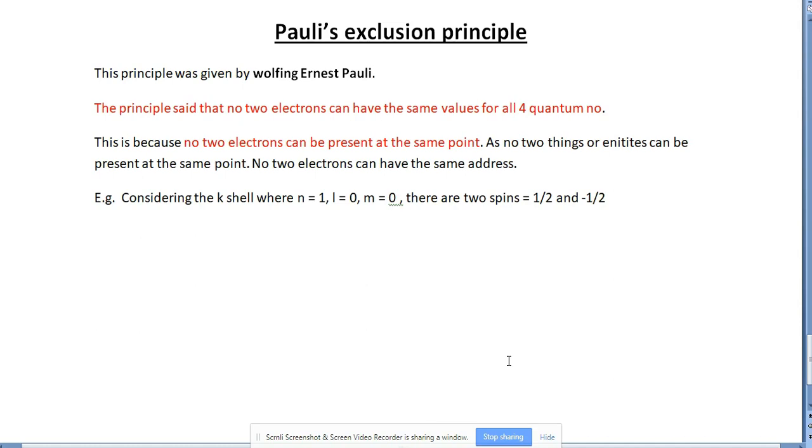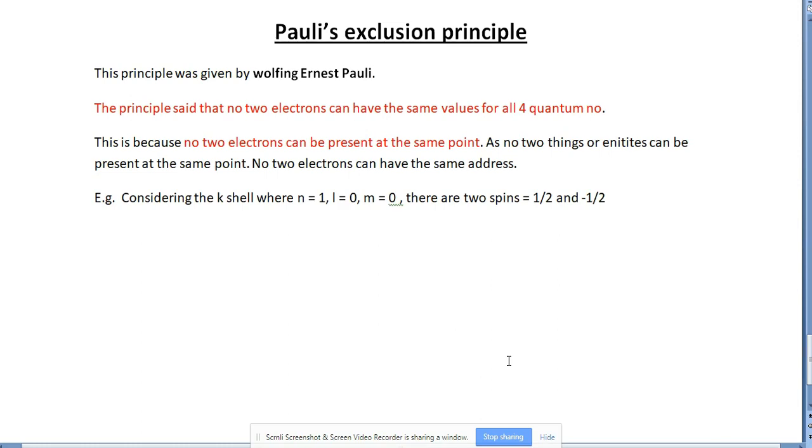We have learned that an orbital is specified by three quantum numbers, n, l, and m. Since an electron in an orbital must have the same values of n, l, and m, it follows that it can have two values of s, either plus half or minus half. In other words, an orbital can have at most two electrons provided their spin quantum numbers are different.